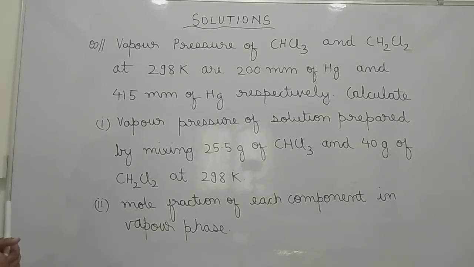Then we are asked to calculate the vapor pressure of solution prepared by mixing 25.5 gram of CHCl3, that is chloroform, and 40 gram of CH2Cl2 at 298 Kelvin.